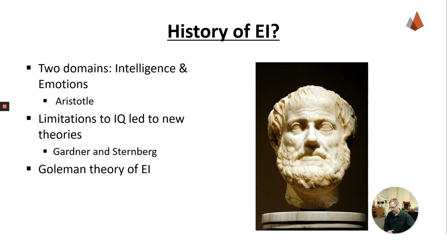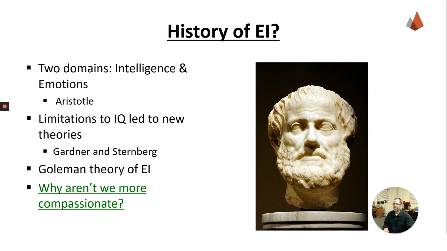There's a Goleman theory of emotional intelligence, and Goleman's book is a fairly classic work on this subject, one that many people will cite again and again: Emotional Intelligence, Why It Can Matter More Than IQ. So he's telling us what his position is on that as well.